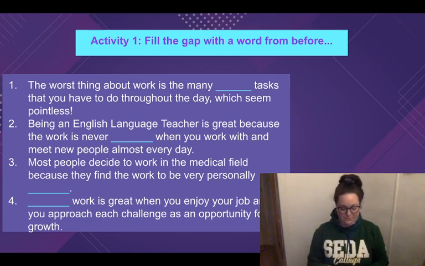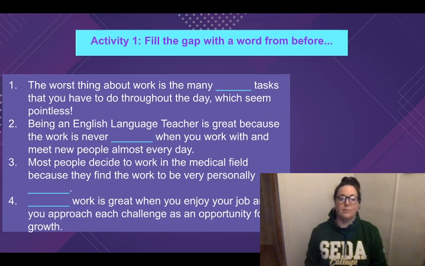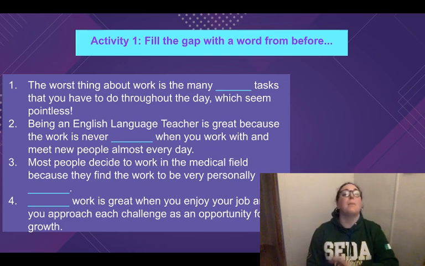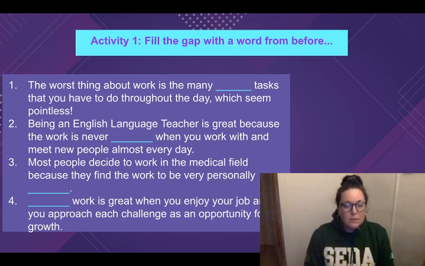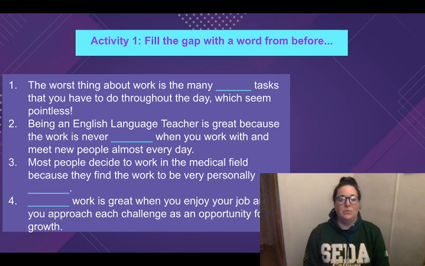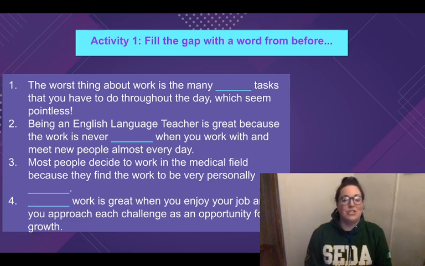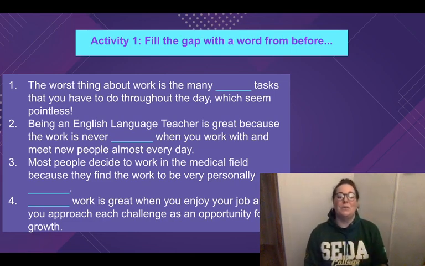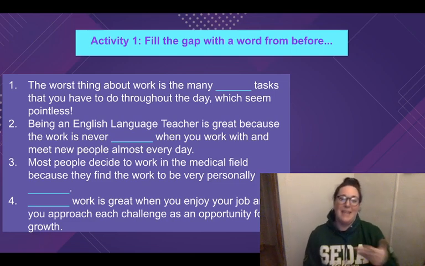Let's start. So we have number 1. The worst thing about work is the many tasks that you have to do throughout the day, which seem pointless. Number 2, being an English language teacher is great because the work is never when you work with and meet new people almost every day.